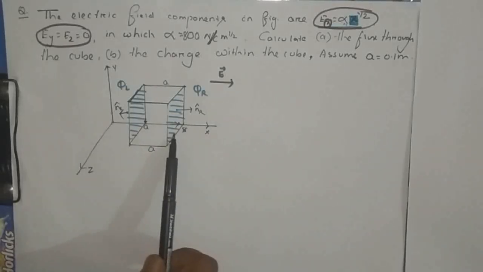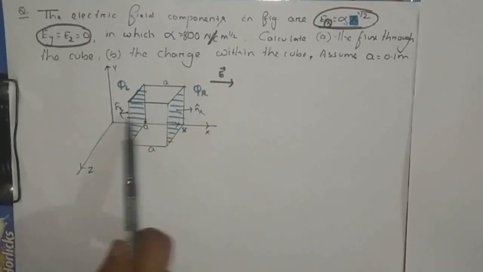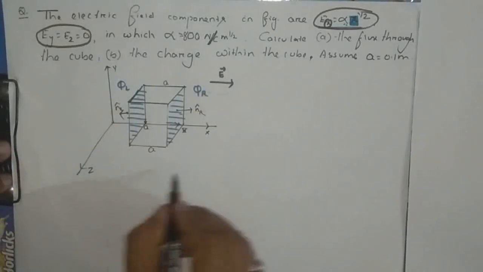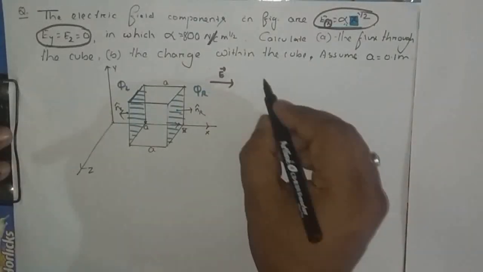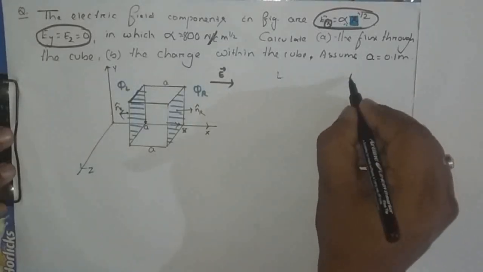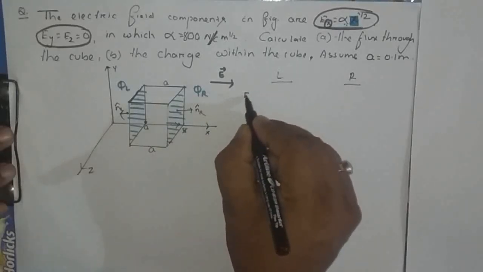Okay, how many sides are there? Only two sides will face the electric field, in these directions. One is the left side, another one is the right side. Let me solve the left side first, then I will go for the right side. What is the left side electric field?